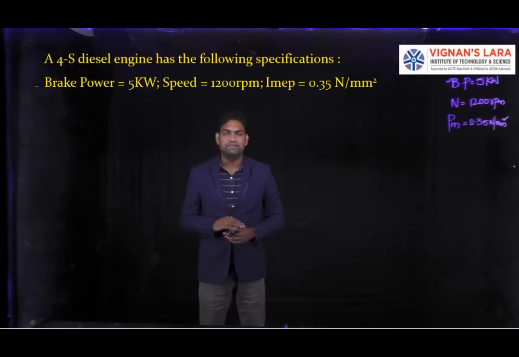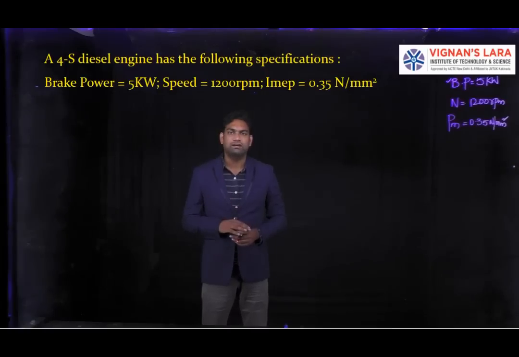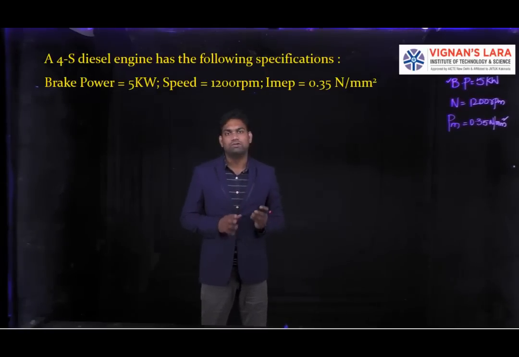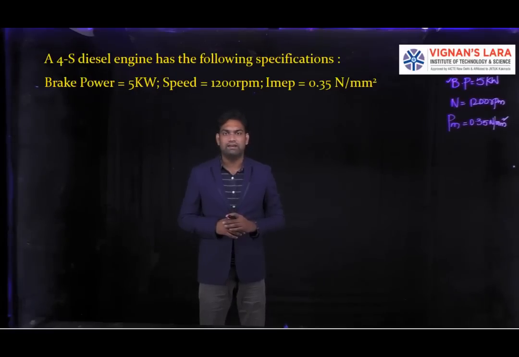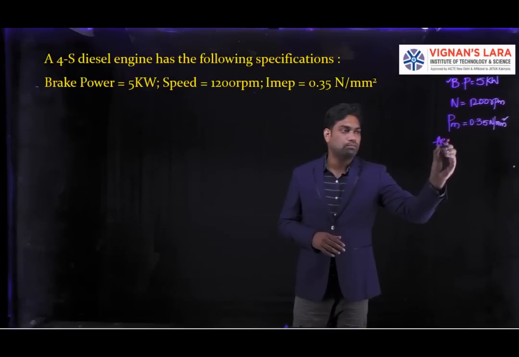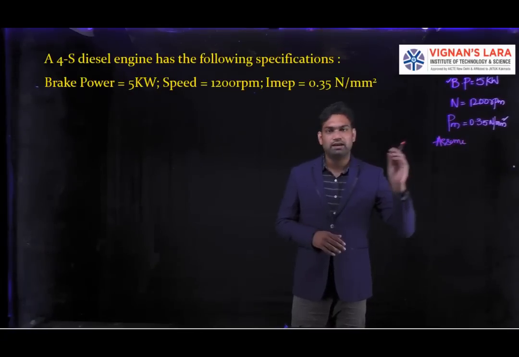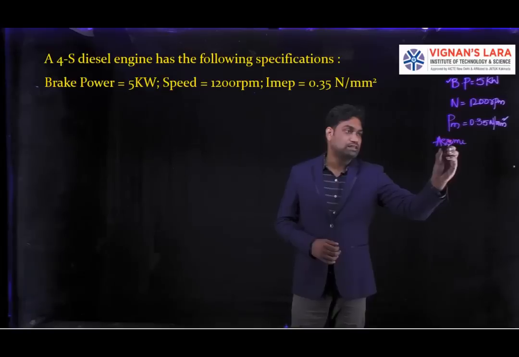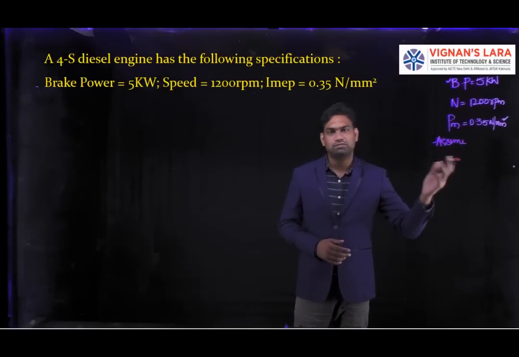Is the mechanical efficiency given? It is not given in the data. As I stated, if any data is not given in the problem, we can assume it. So here the mechanical efficiency is not given, so I am going to assume the mechanical efficiency as 80%. Whatever data we assume needs to be stated clearly, whether it is assumed data or given data.